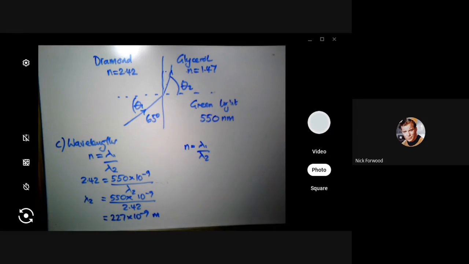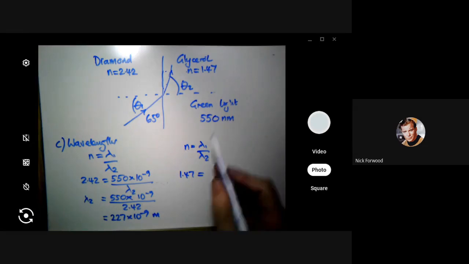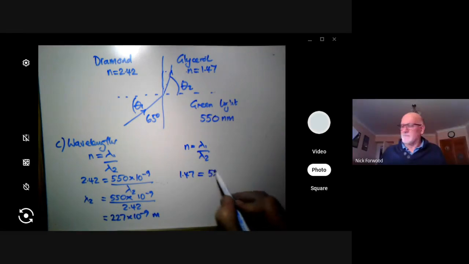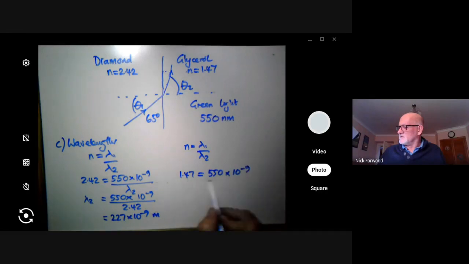Probably not really, but it just goes to show what we're doing. 1.47 equals lambda 1 over lambda 2, 550 times 10 to the negative 9 divided by lambda 2.